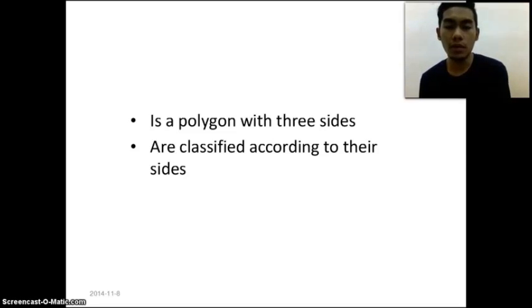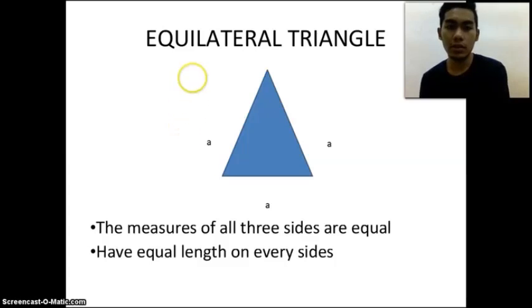Okay, first of all, equilateral triangles. This is a triangle which has the same sides among them. All the sides are equal. That means if this side is 6 cm, this is also 6 cm, and this is also 6 cm.